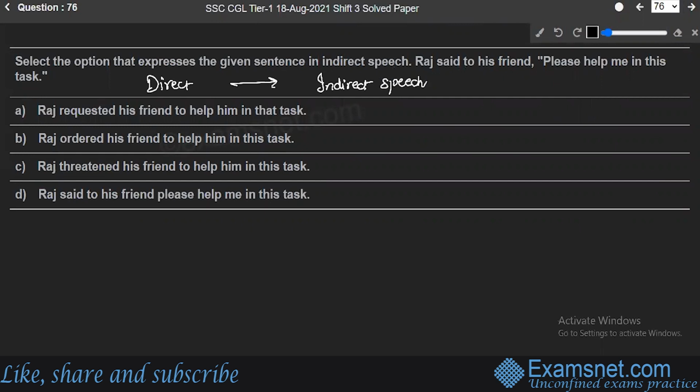The given sentence is Raj said to his friend, "Please help me in this task." First of all, the basic rule is that the commas and inverted commas will be removed. Here it's saying please, which means a request is being made. So the reporting verb requested will be used instead of said, and it will become Raj requested his friend.